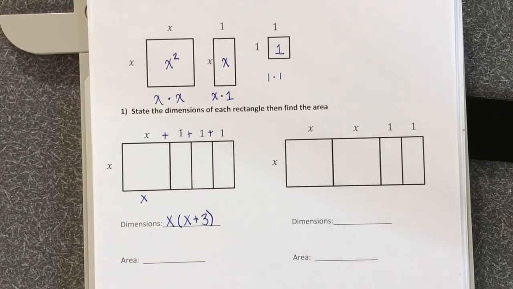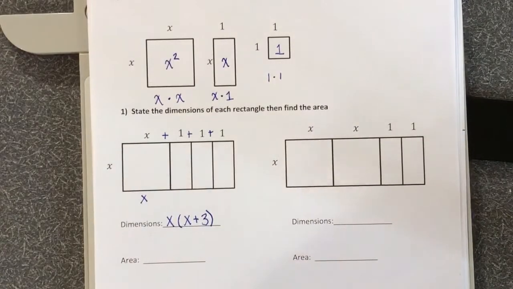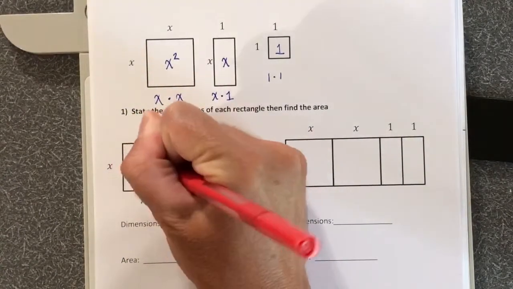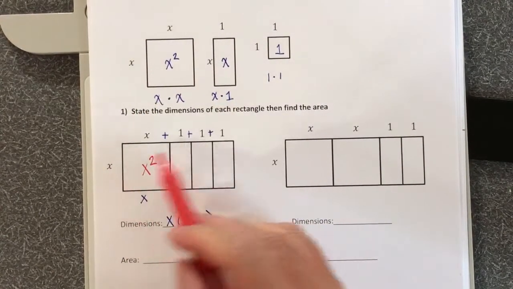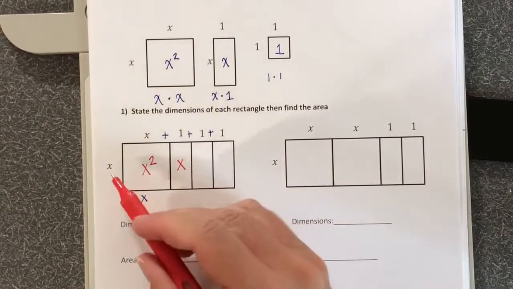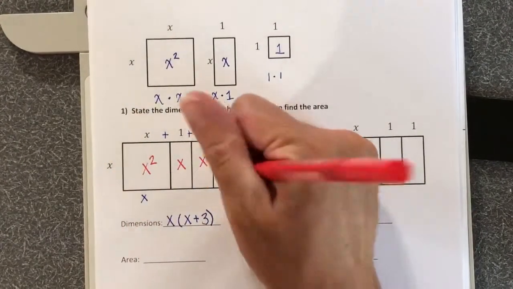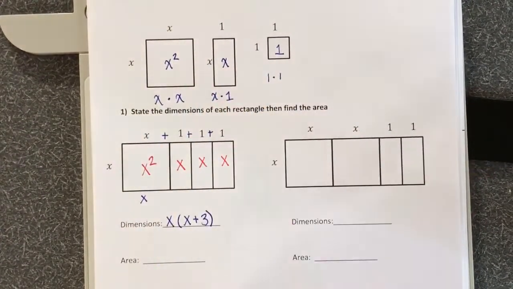Now what is the area of each of these rectangles? x by x gives me an area of x squared. x by 1 gives me an area of x. x by 1 gives me an area of x. x by 1 gives me an area of x.